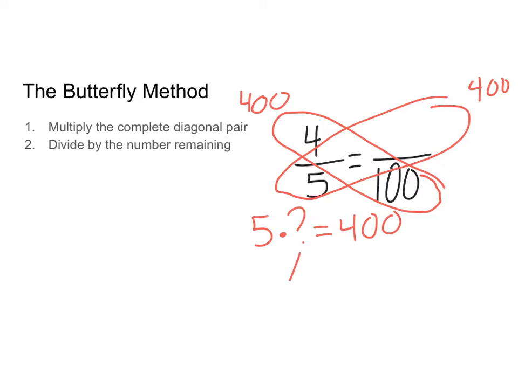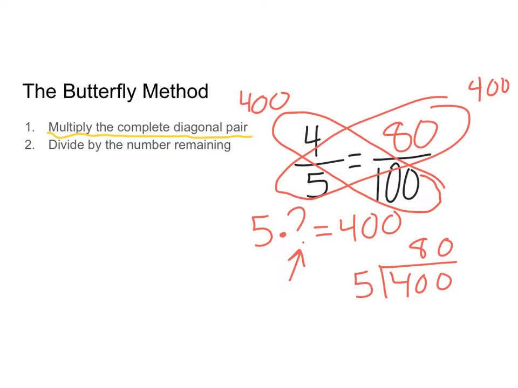So one way to find it is to do 400 divided by 5, and that gives us 80. So you'll notice the steps that we did here was first we multiplied the pair that we knew, and then we divided by the number that was left.